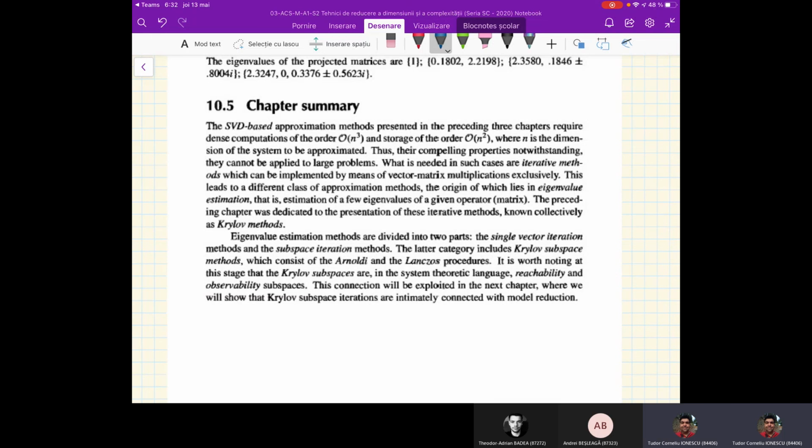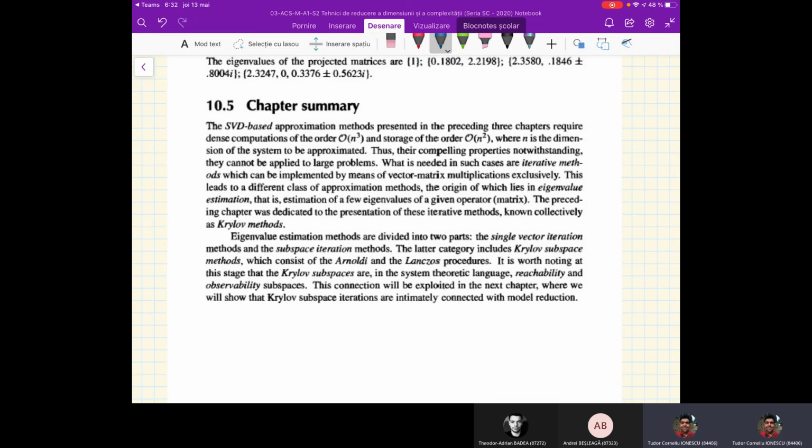The SVD-based approximation methods presented in the preceding three chapters require dense computations. That's what we have been discussing. Their compelling properties notwithstanding, they cannot be applied to large problems. So you see there is a trade-off. SVD-based methods are very nice from a theoretical point of view and very popular. However, they cannot be applied to large-scale problems.